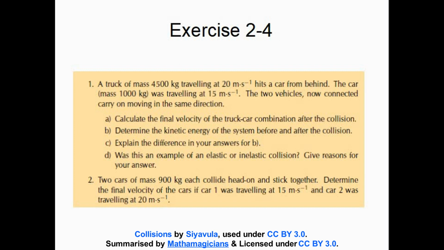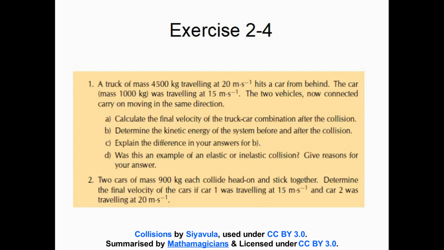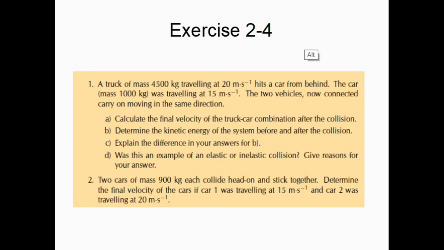First of all, for A, what have we been given? The mass of the truck was 4,500 kilograms, so I'm going to write that as m1, 4,500 kilograms. And m2 was 1,000 kilograms, the mass of the car.